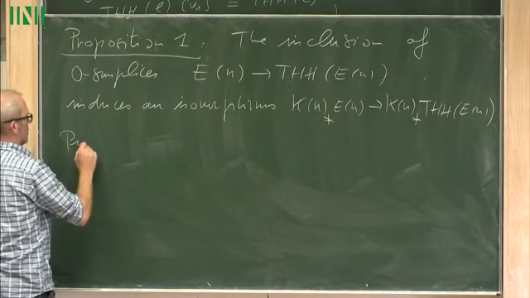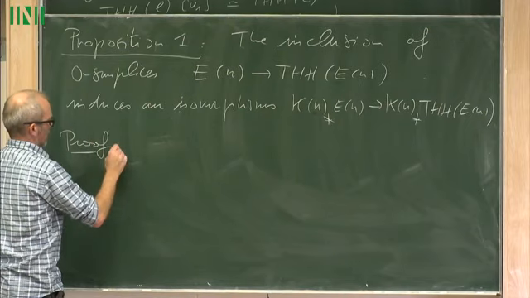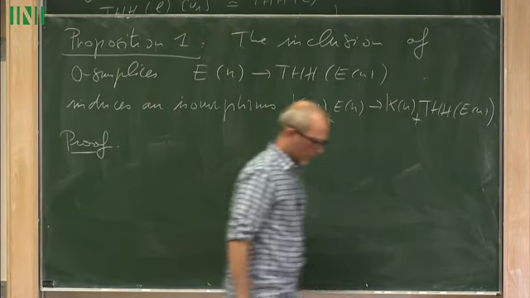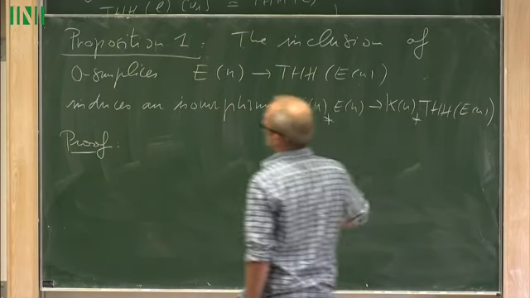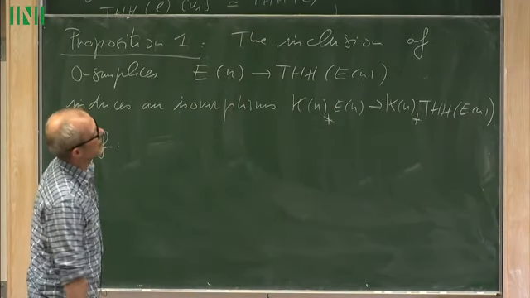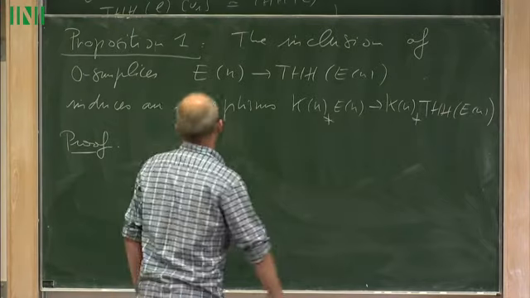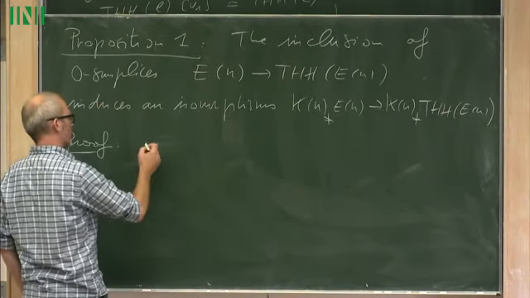And the proof is essentially also a computation, I think, that is due to Ravenel. I'm not completely sure about that. So we have to understand somehow the ring that disappeared. Okay.